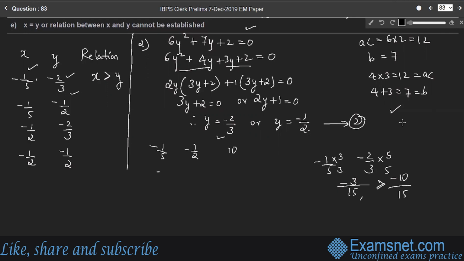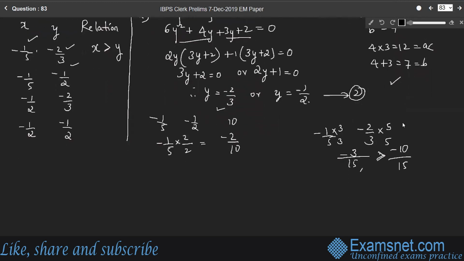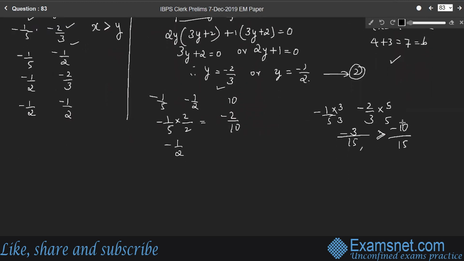So we can express -1/5 as -2/10 and -1/2 as -5/10. Compare the values. Here -2/10 is greater than -5/10. What is -2/10? It is -1/5. So x is greater than y.